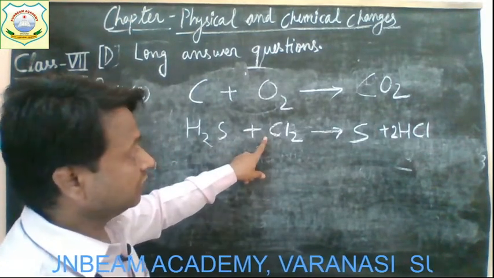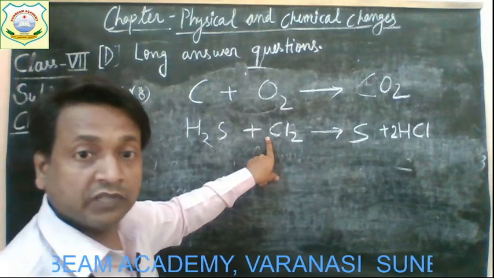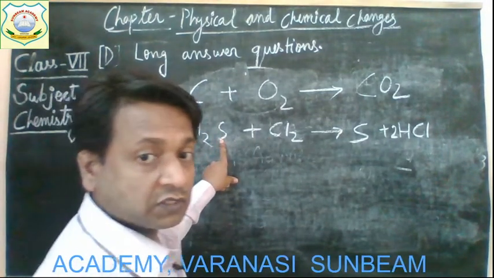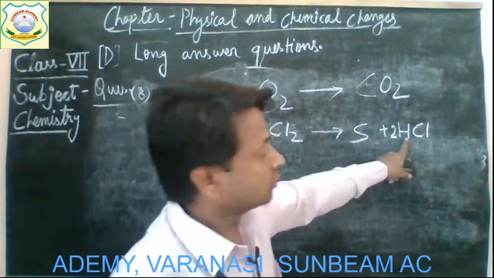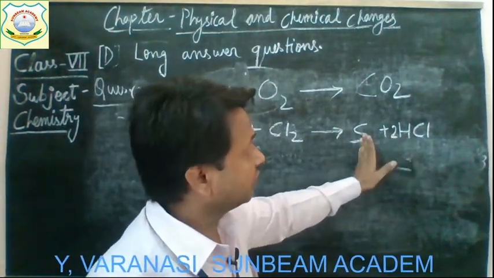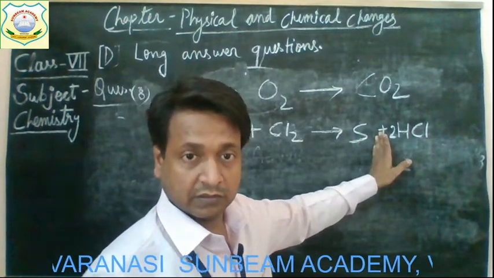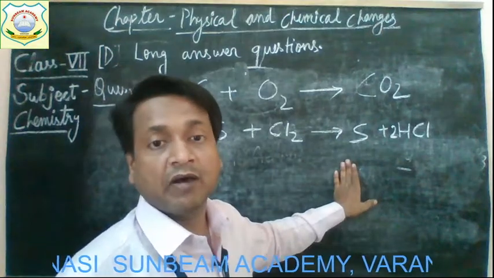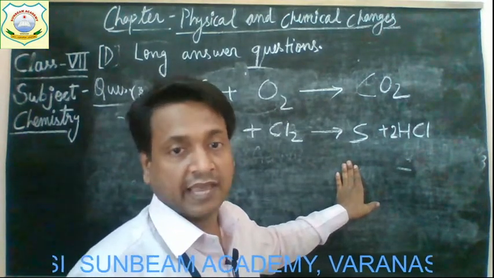This chlorine has removed the hydrogen from sulfur and forms hydrogen chloride. Get it, children? So hydrogen gets removed from the sulfur, from hydrogen sulfide. So this is also an example of oxidation reaction.